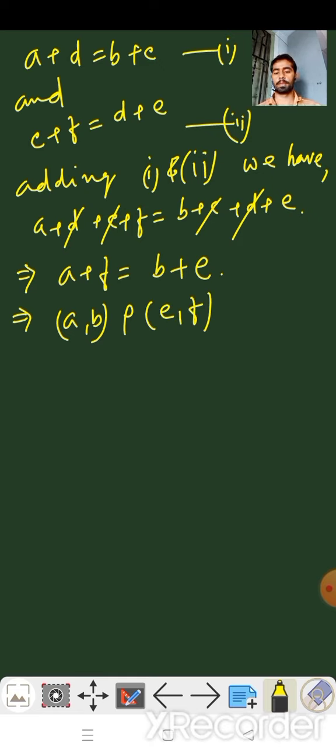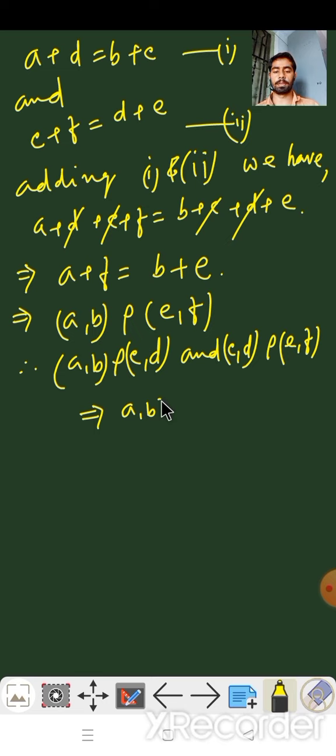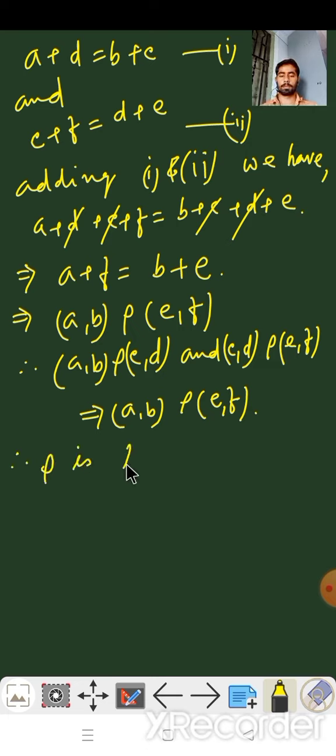AB is related to CD, and CD is related to EF, implies that AB is related to EF, and therefore rho is transitive.